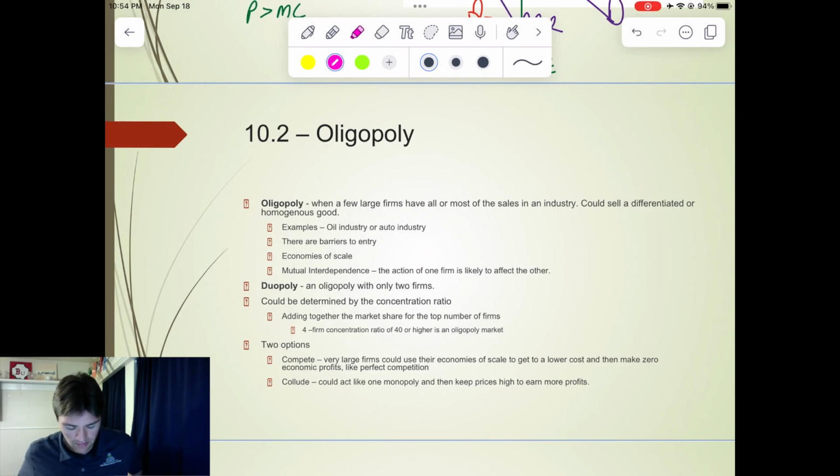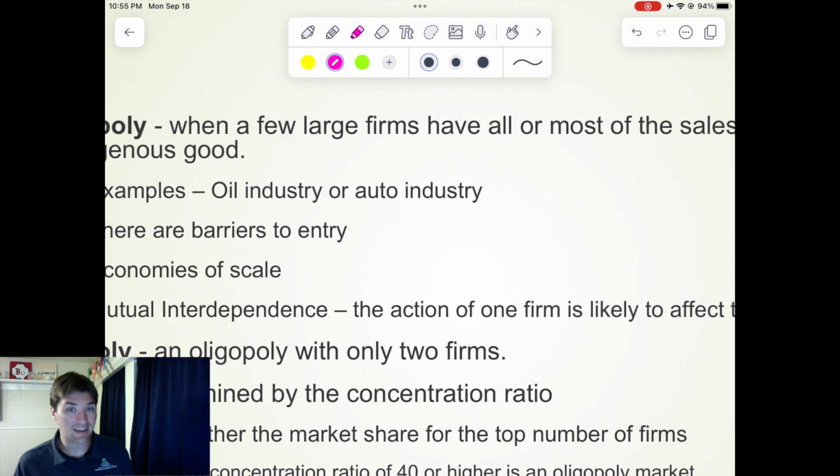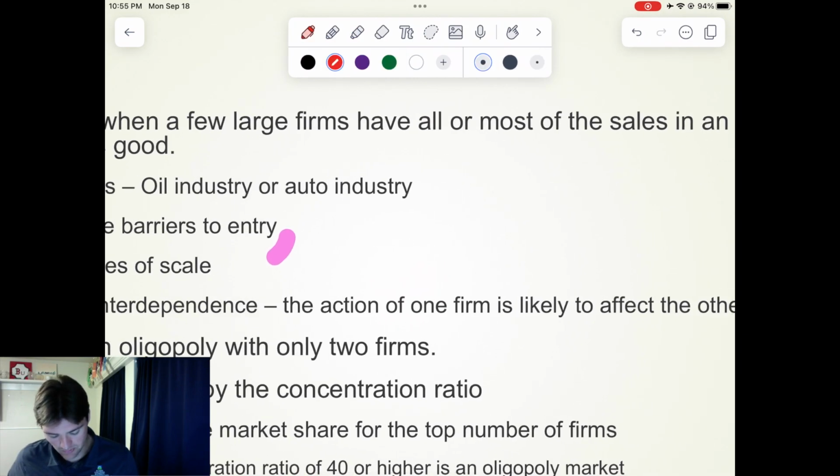Some characteristics about them is that there are barriers to entry. Sometimes it could be very high setup costs. It could be something that is preventing them from starting, like a patent. Something like a patent could really prevent someone from entering.